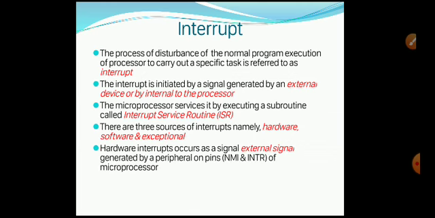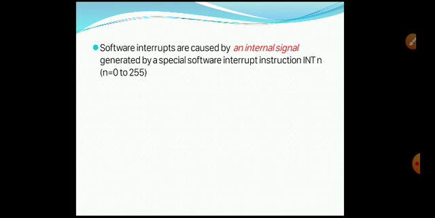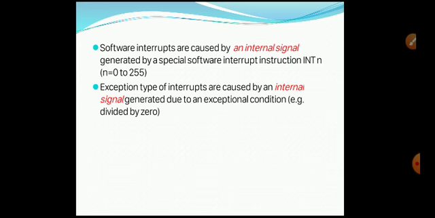Hardware interrupts occur due to an external signal generated by external devices on the pins of the microprocessor, namely NMI and INTR. Next are software interrupts. There are a total of 256 software interrupts, generated by the internal signal of the processor, and they are INT0 to INT255.